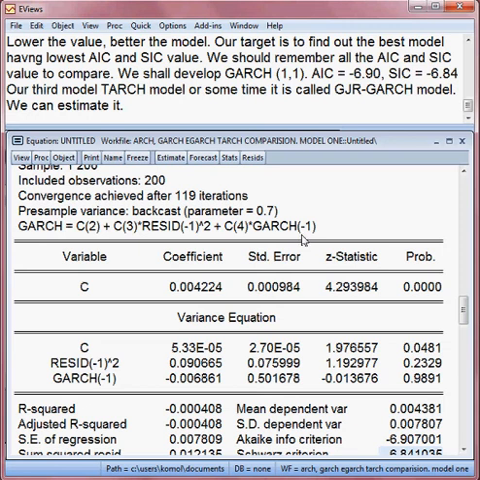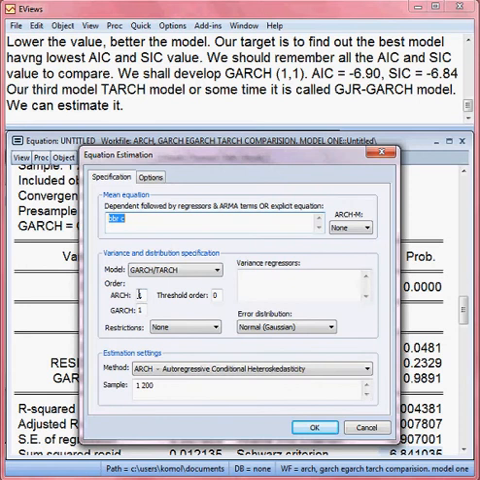How to estimate? I go to estimate. Then here I put ARCH 1, GARCH 1. And here is one thing, threshold order. You can see threshold order, I put 1 here. And it is the Gaussian normal distribution. Everything else remains unchanged.